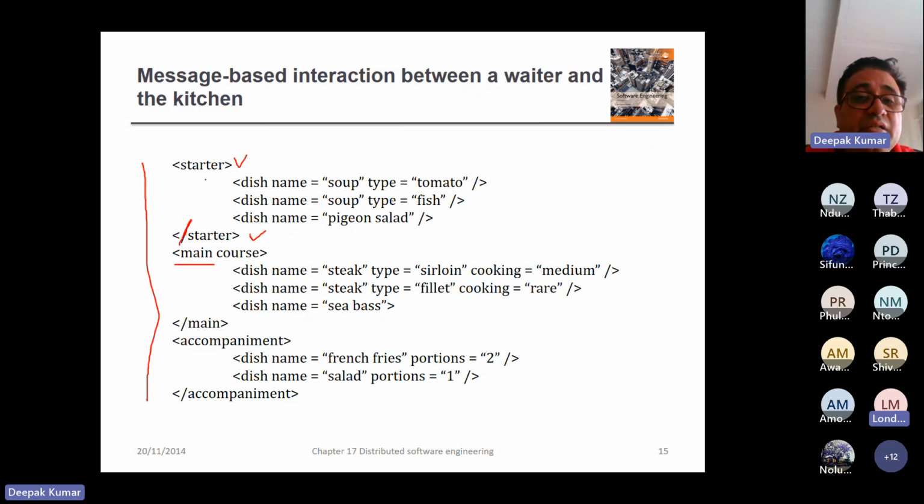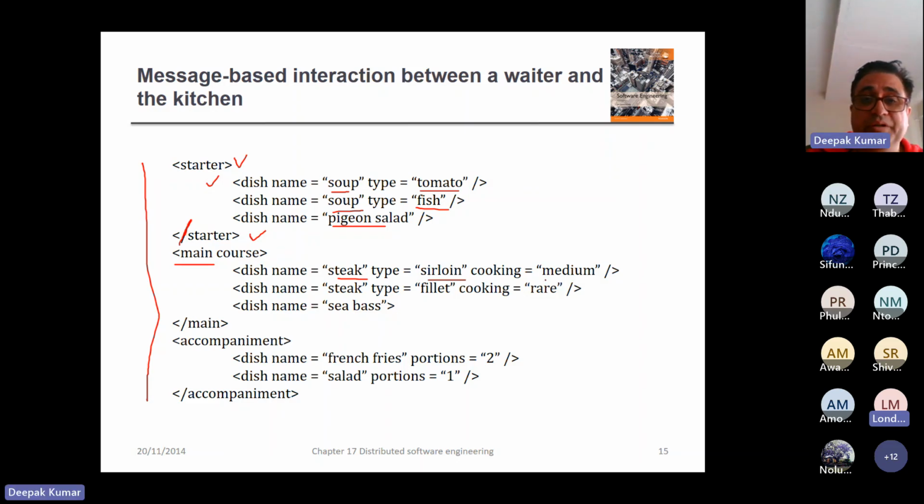So one of the tag is dish name. Dish name is soup, and the type is tomato. Soup type is fish. These are the options that you're giving. Pigeon salad. In main course, you are giving dish name is steak, and the type is sirloin. I don't know how to even pronounce that.